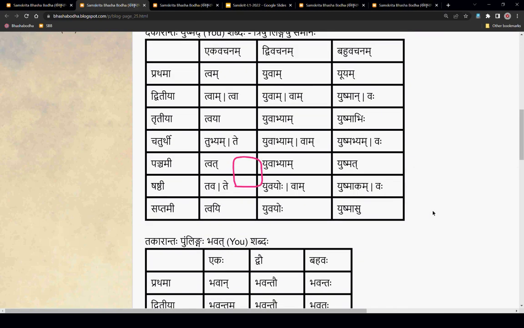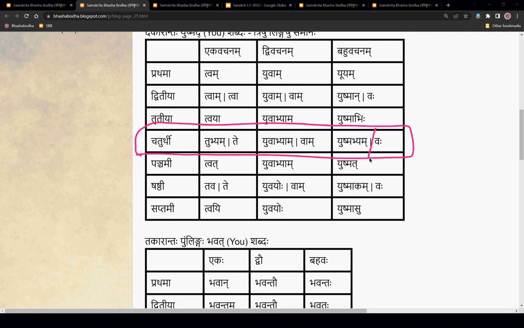It says here, chaturthi. If there are two, it is yuvabhyam. Bahuvachanam is yushmabhyam or vaha.